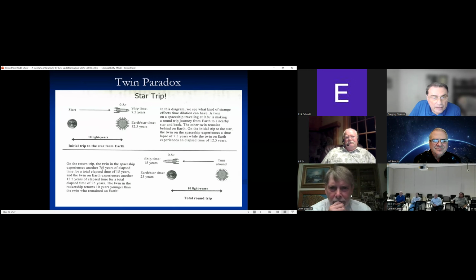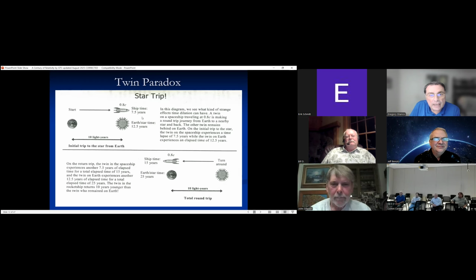And then on the return trip, you can read this here. So the basics here is the twin in the rocket ship returns 10 years younger than the twin that remained on Earth. So if you want the fountain of youth, go 80% speed of light for 10 light years and come back, and you'll be 10 years younger. So that's really interesting. That's the twin paradox.